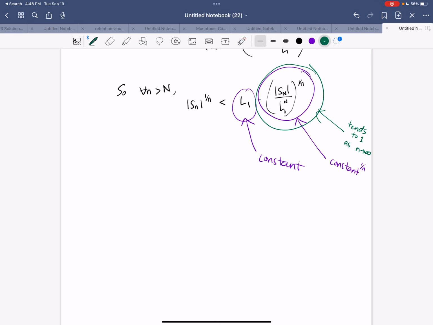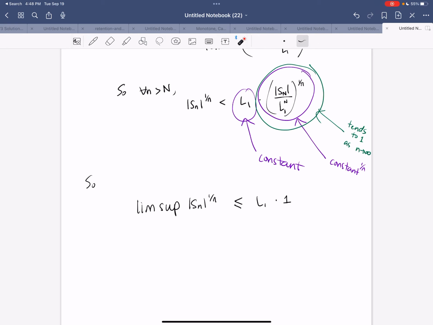I'm now going to say that I can say that the limsup has to be less than or equal to L1 times 1, right?